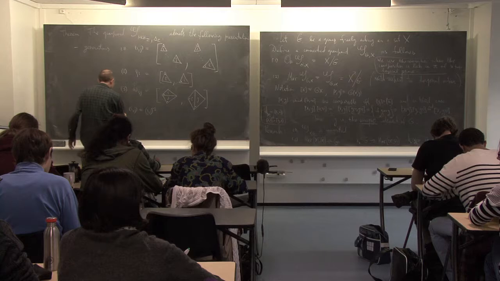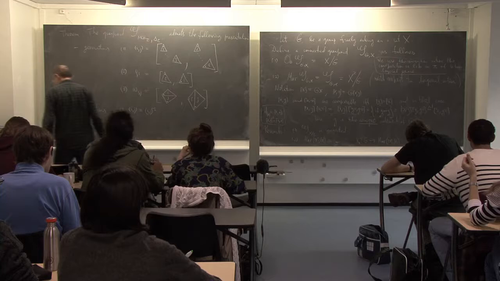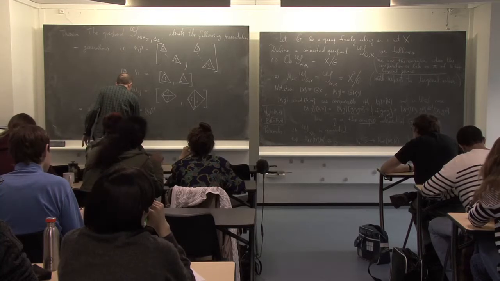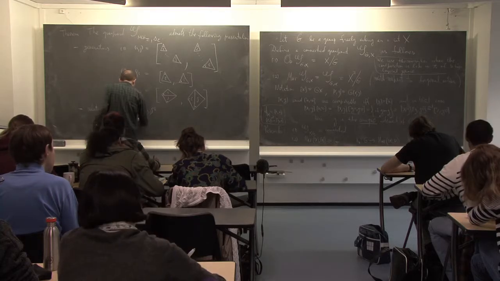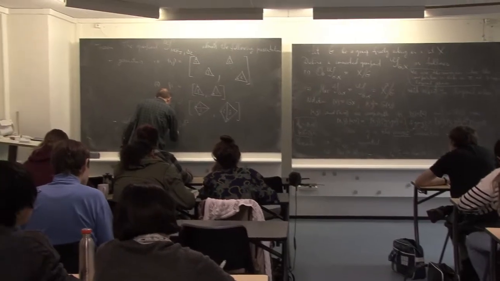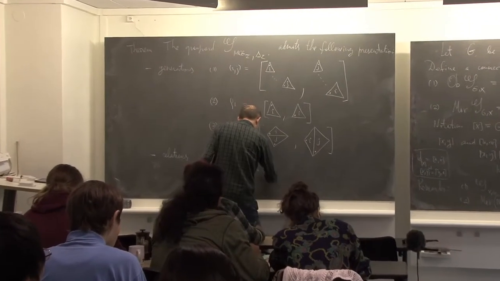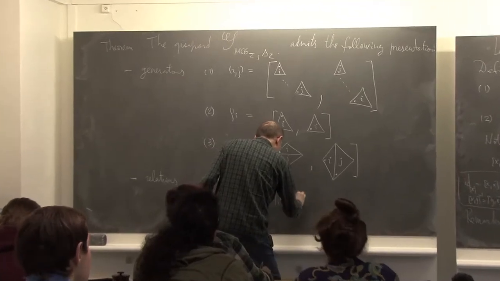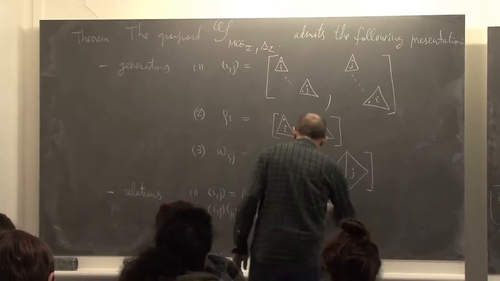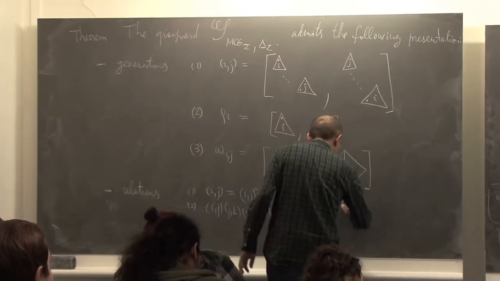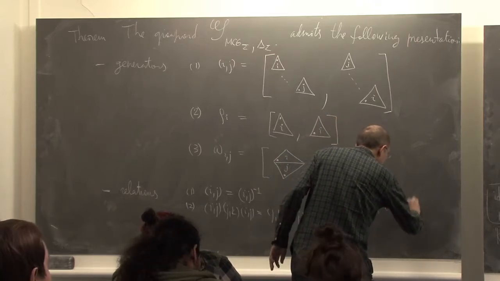And the second type of relations: for the moment we are describing just the permutation group action. Then we have Artin defining relations in the permutation group. ij, jk, ij is equal to jk, ij, jk. So these two correspond to the relations in the symmetric group.